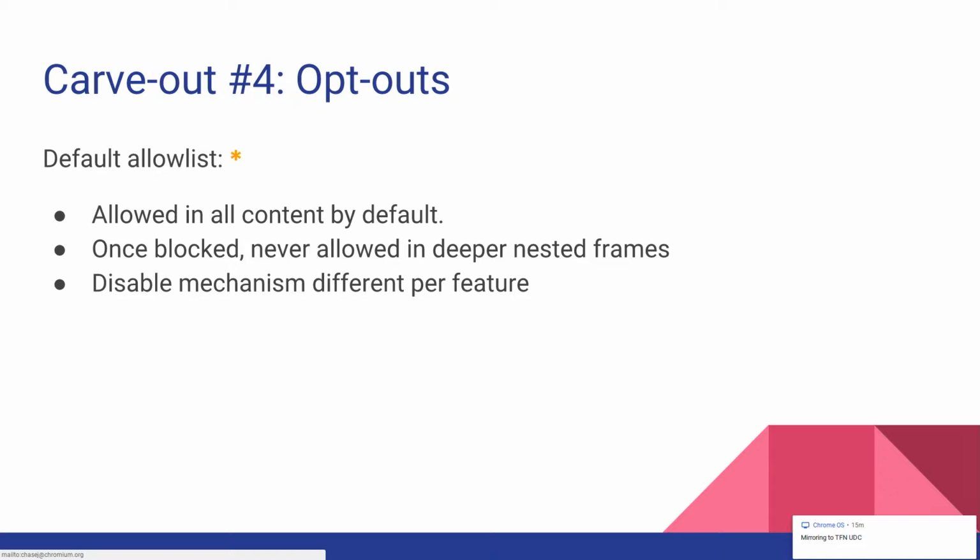Because we don't want to break the web, by default we enable those features everywhere. However, through different mechanisms, we can disable certain features either from the top level document all the way down or in a certain iframe, and so on.